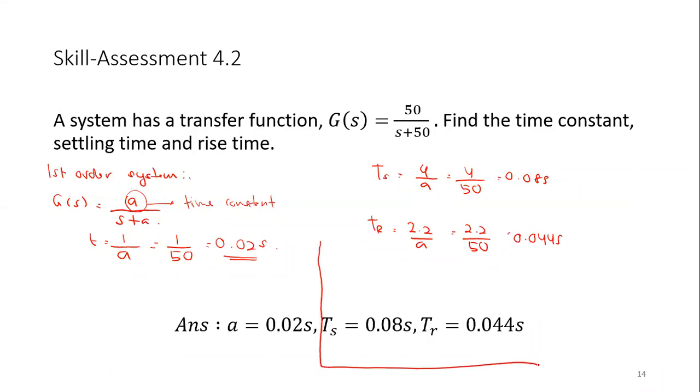Okay, so the kind of output response here, you can expect that it will go like a first order system. So it will reach a final value here. Okay, and there is some 63% here. At this 63% is where it's the time constant, which in this case is 0.02 seconds.